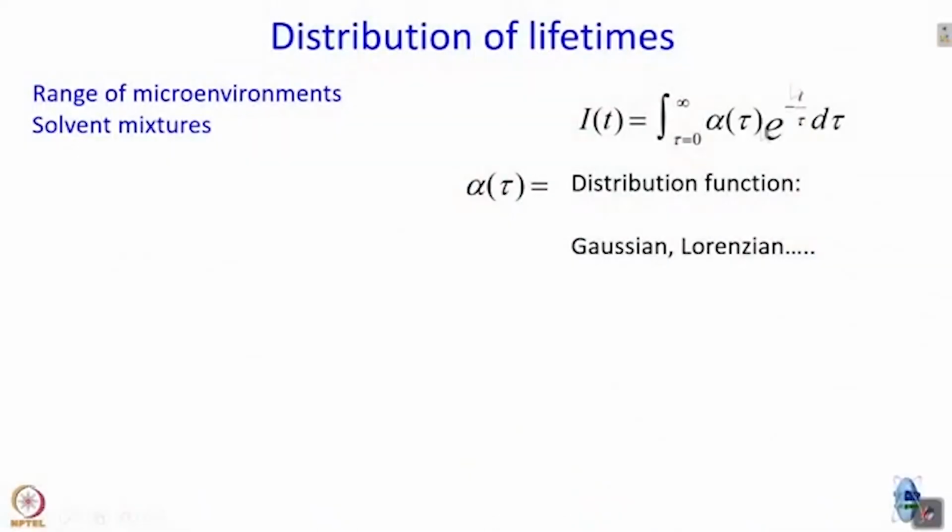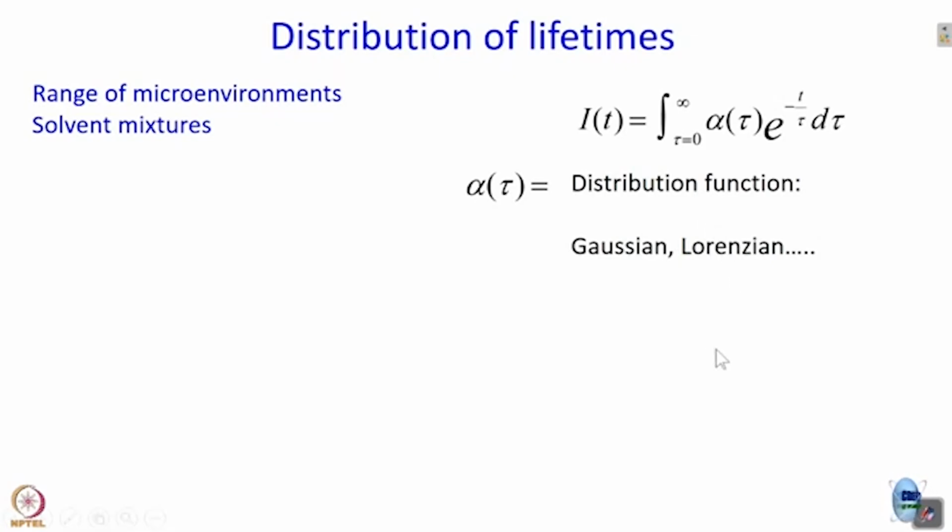Let us move on. This distribution of lifetimes is often a better model to use, depending on what kind of system you are looking at. But as we discussed, it is also a more complicated model. Multiple exponential is easier, in fact even fitting is easier.